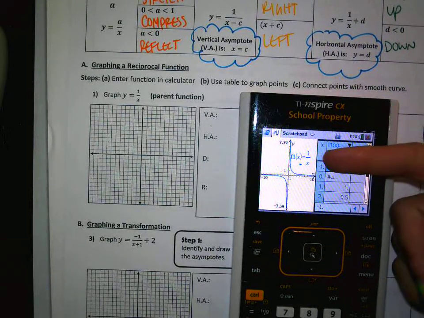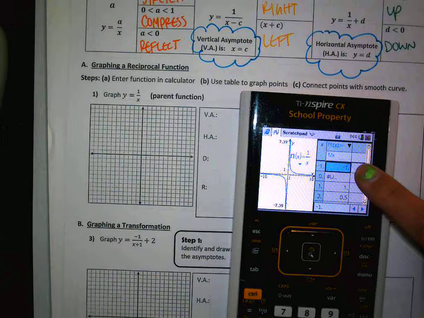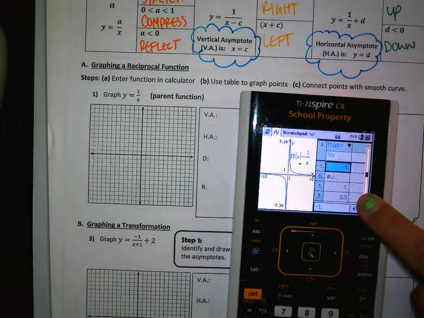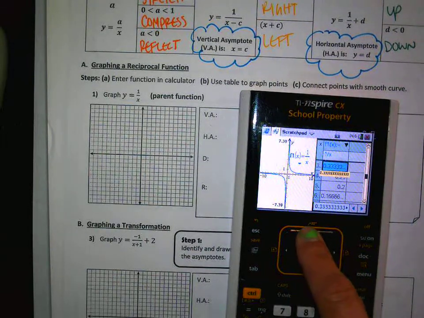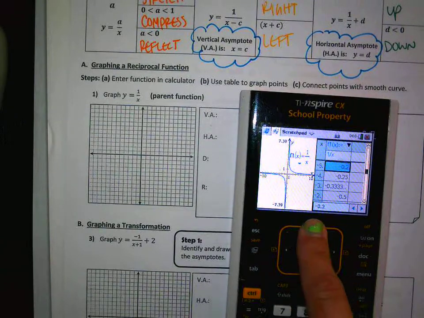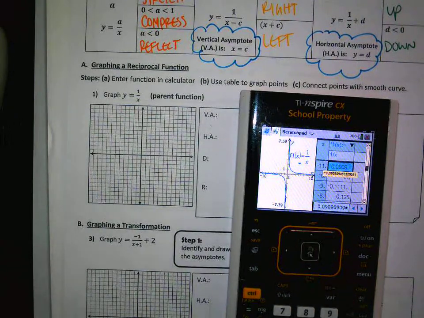So for example, when I plotted 1 over x, I get -1, -1, and 1, 1. But if I scroll, everything else is a decimal. Does that make sense? So it makes it really hard to graph exactly. And same thing if you go up to the negatives, everything is a decimal.